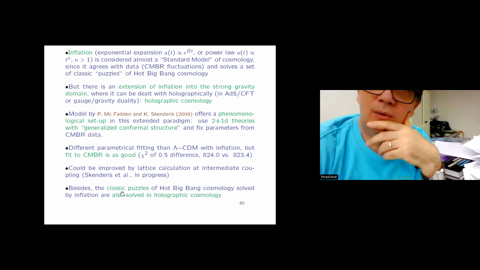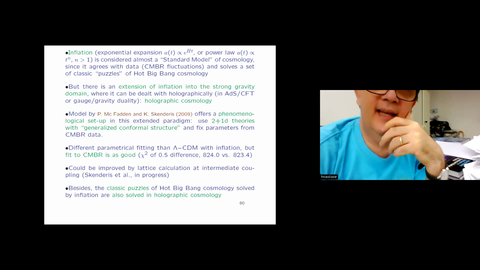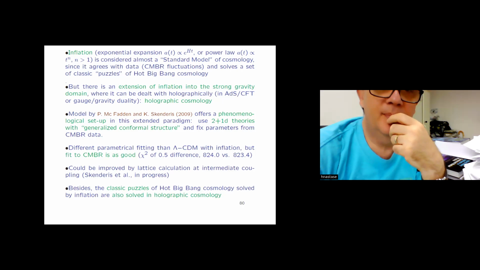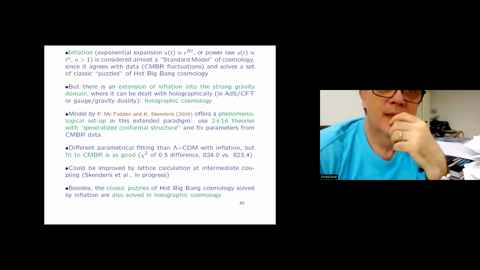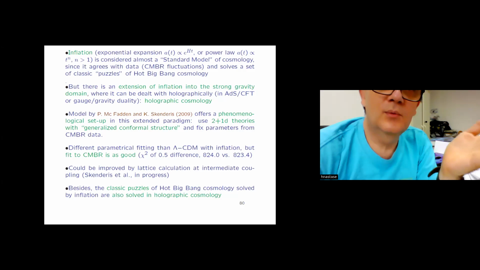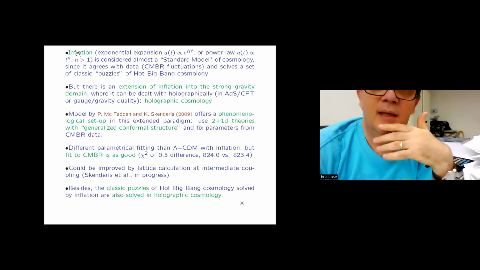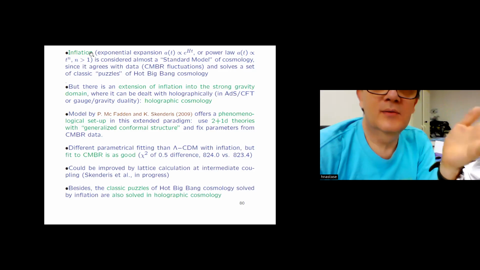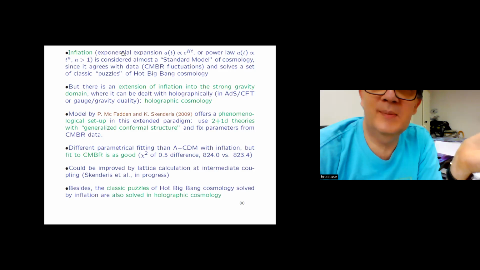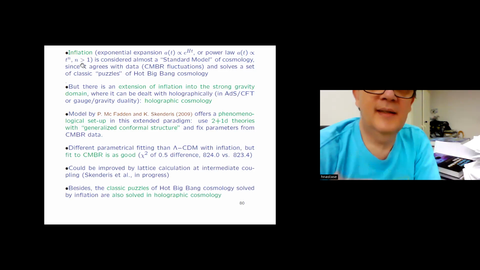Okay, so let's understand a little bit about the picture we want to obtain. First of all, what's the current model? The current model is inflation, and inflation would correspond to an exponential expansion, so a proportional to e to the Ht, or some high power law with power greater than 1, so a(t) proportional to t to the n, with n greater than 1.